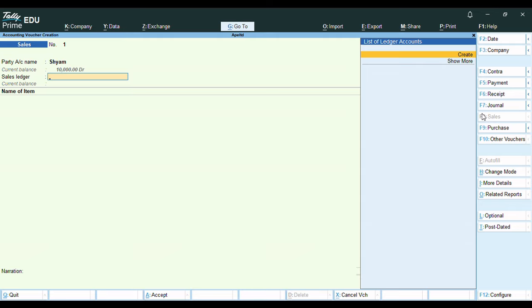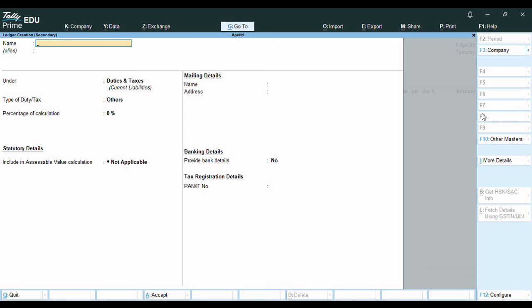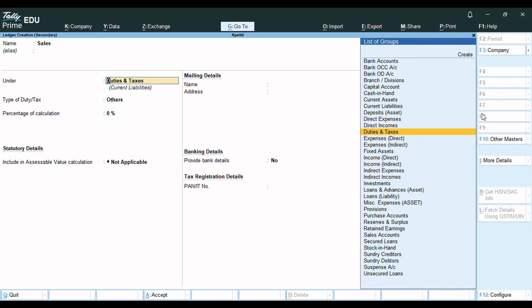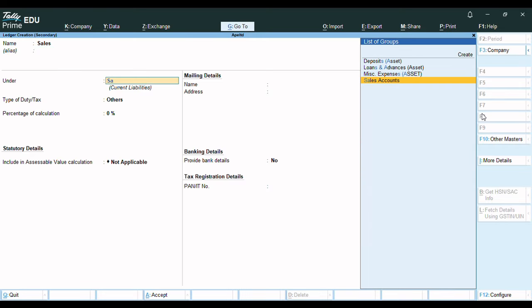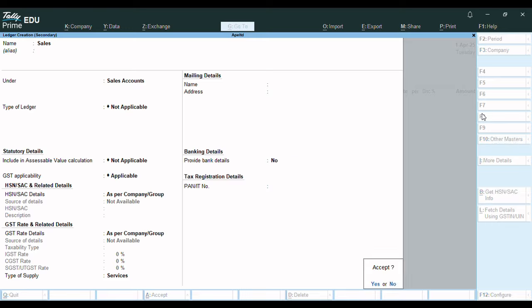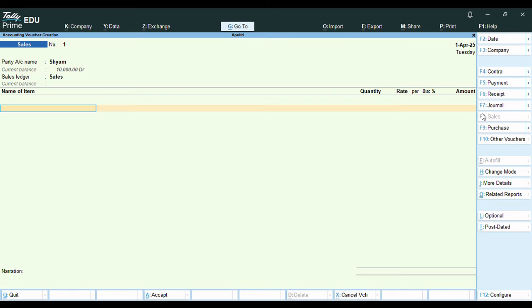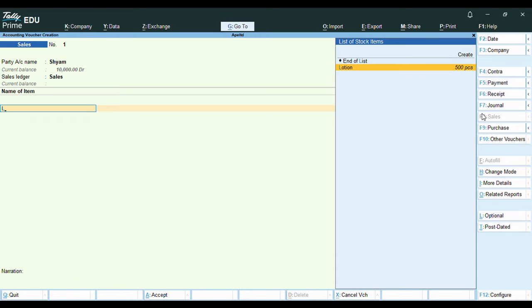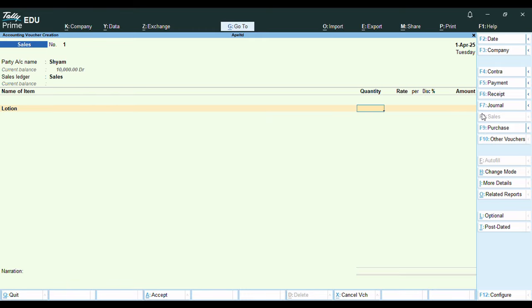हमने बनाए, हम क्या, Alt C. Then this is your sales, under sales account. What are we selling? Lotion. L press करेंगे, lotion will come. The quantity of lotion is 20 at the rate of 120.